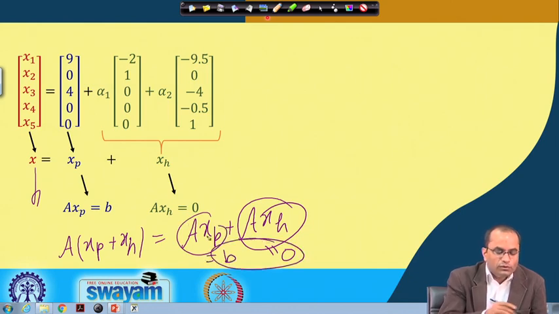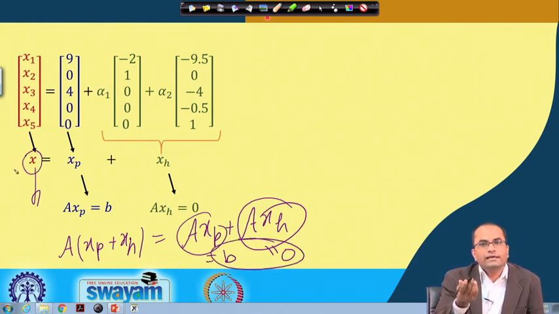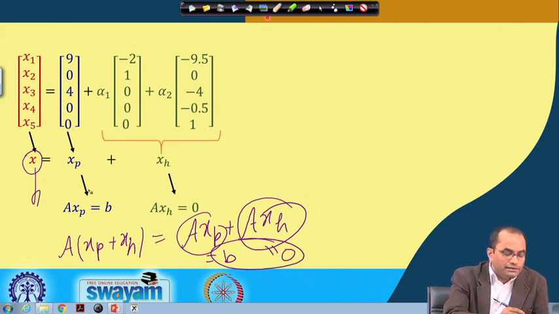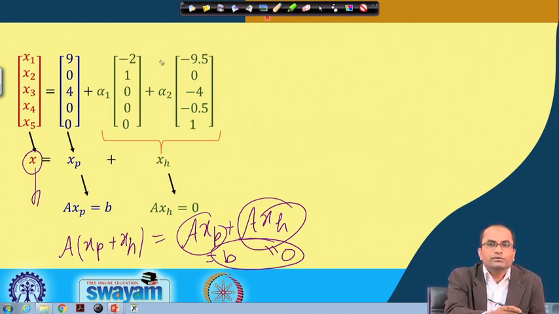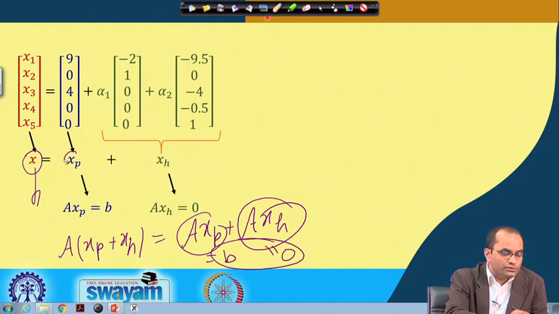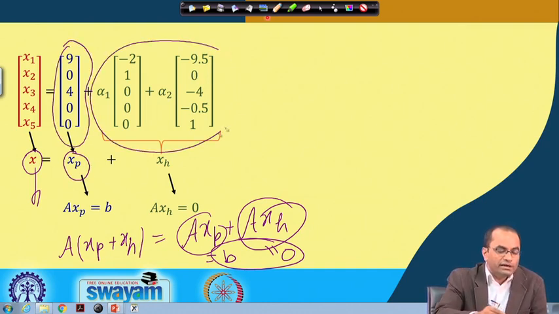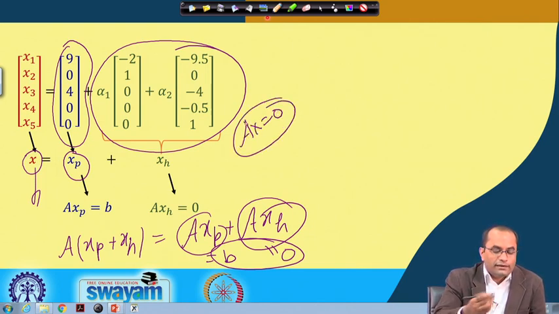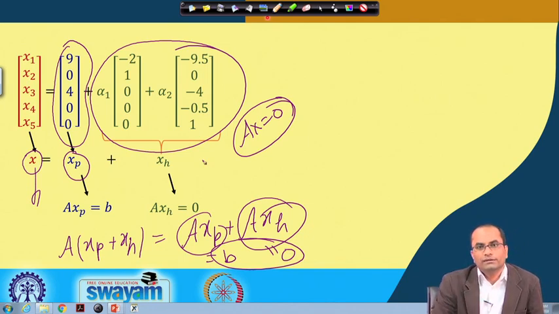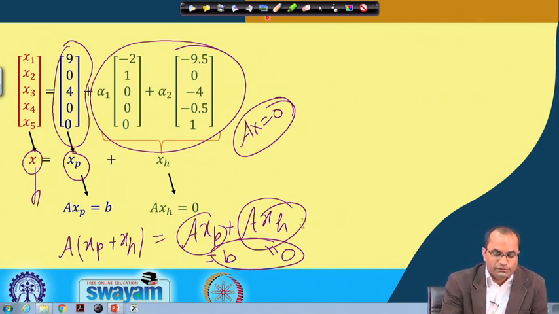So, as a whole, x will satisfy Ax equal to b. But if we go into a little more detail, we observe that this part is satisfying Ax equal to b, and this part is satisfying Ax equal to 0. As a sum they will naturally satisfy it, because Axh is 0 and Axp is b.